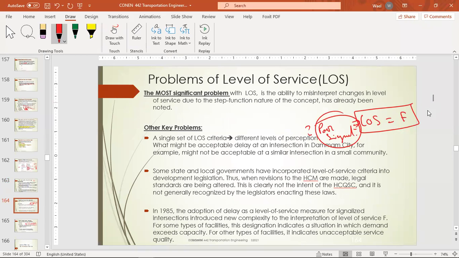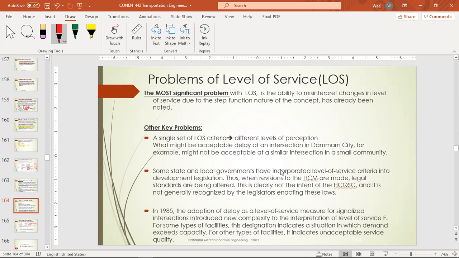Here we are talking about problems with level of service. Okay, so the key problem: single set of level of service criteria, different levels of perception. That means the density or freedom of maneuverability.